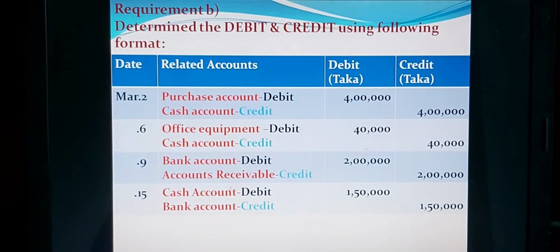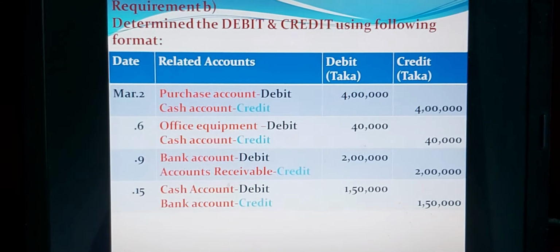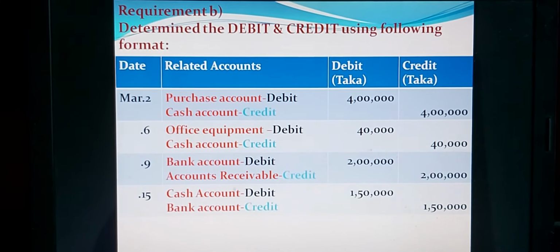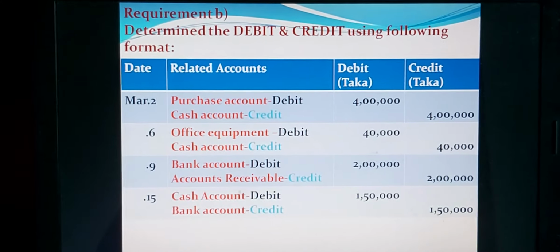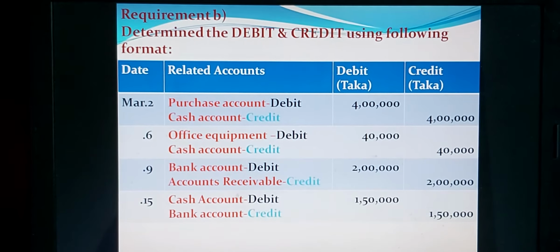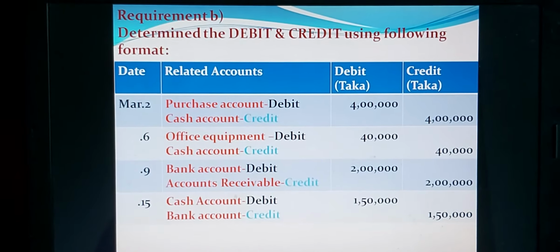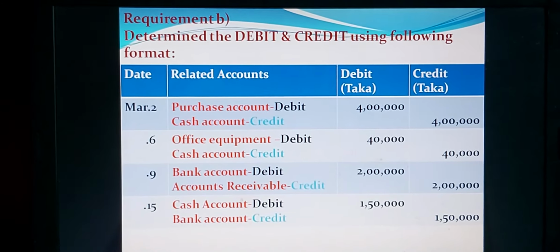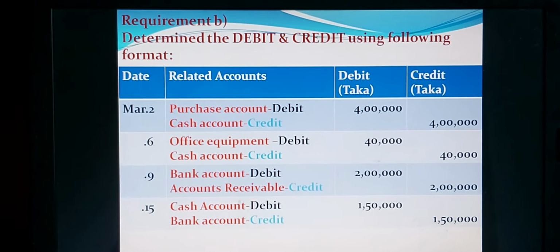You have already known from the previous many lessons how to determine the debit and credit. So I think you have completed very easily at your home, but you can match with the answer.